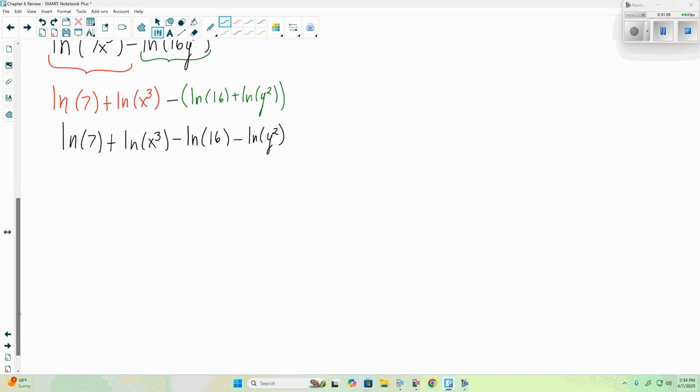Now our power, two places where we have an exponent that we can move to the front. Natural log of 7 stays the same, but our natural log of x to the third becomes 3 natural log of x minus the natural log of 16 minus 2 natural log of y.